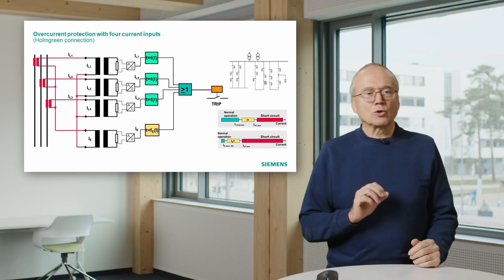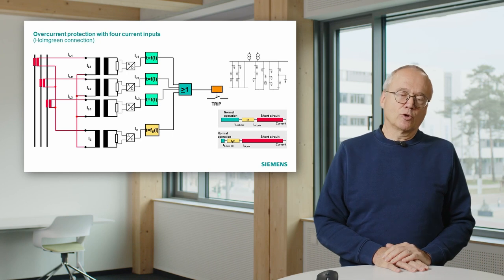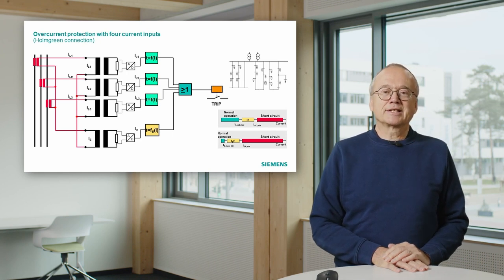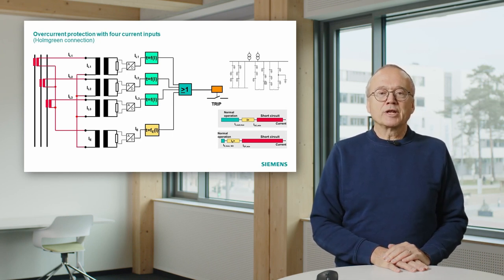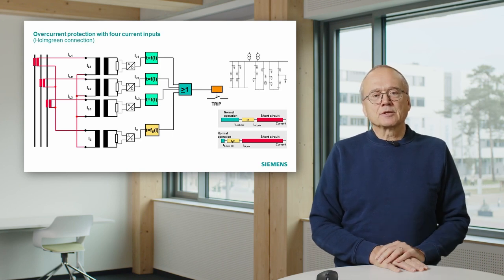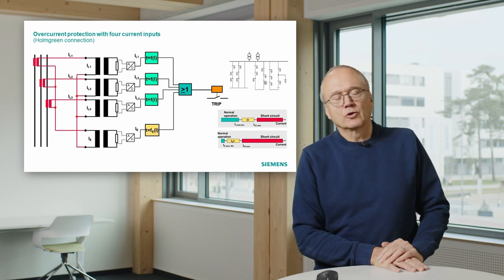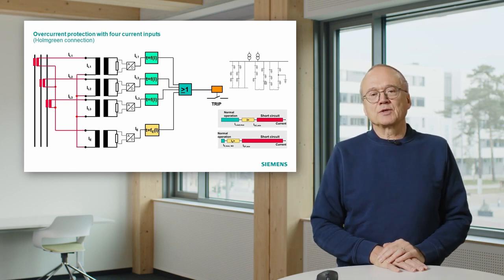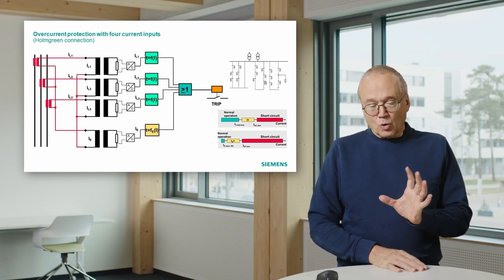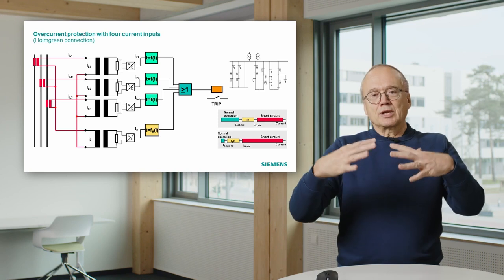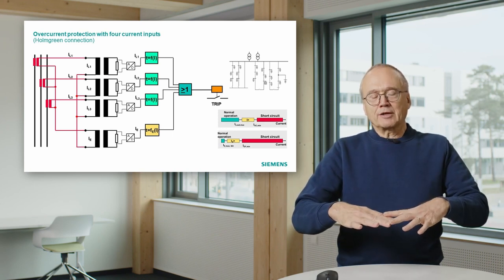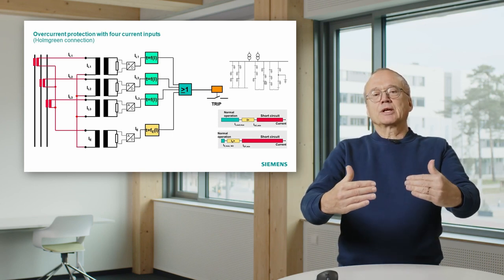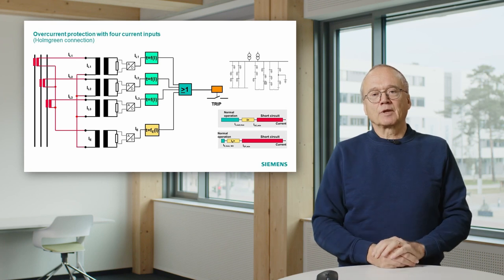Please remember also the area of application for overcurrent protection is distribution, where we normally have radial systems. That means systems of the type I show in the right upper area of this slide. You often have one substation where you feed the whole network, and then from this substation you have radial feeders.